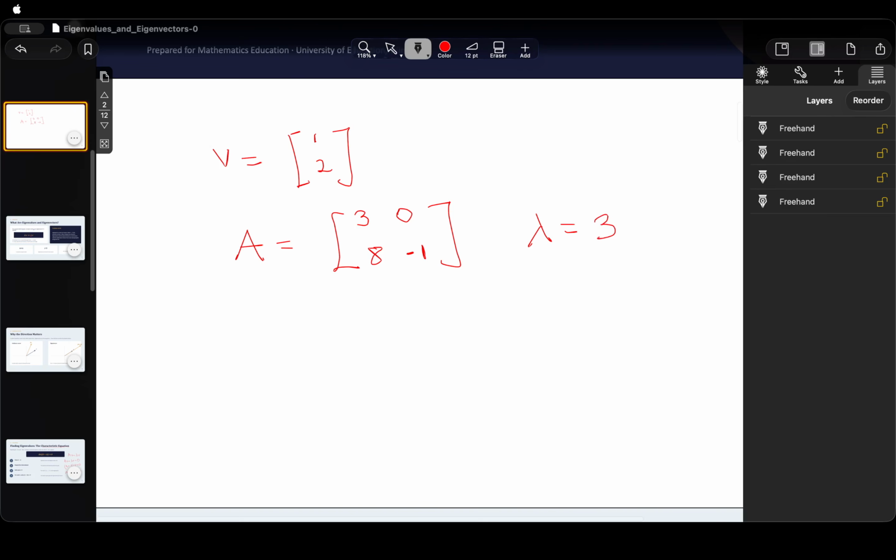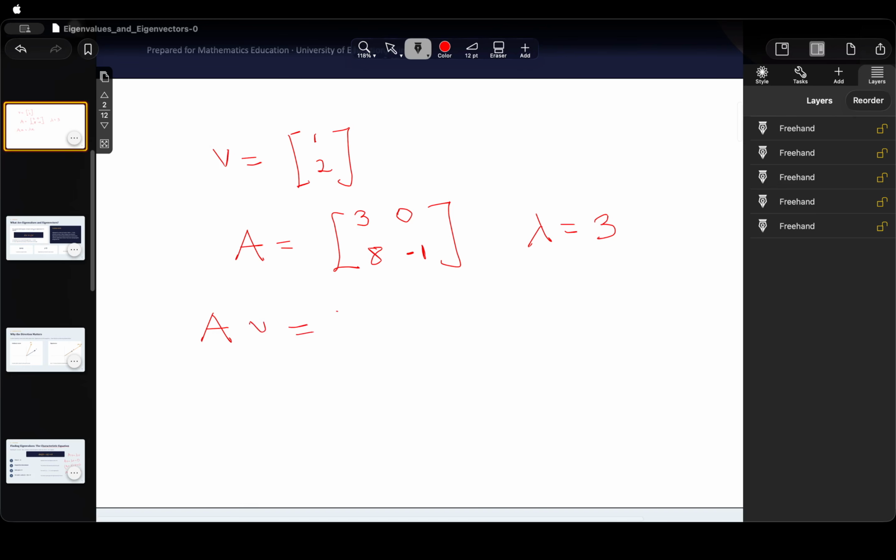What does this mean? This means that AV equals lambda V. Let's use V because that's what we have been using.